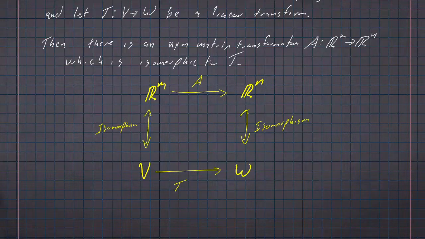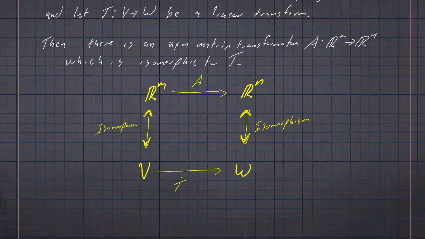And here I have put double-headed arrows to represent the isomorphisms, because linear transformation T and matrix transformation A may or may not have inverses. It's always possible that we are losing information by doing this. But for an isomorphism, that's not the case. You can go from V to Rm, you can go from Rm back to V.